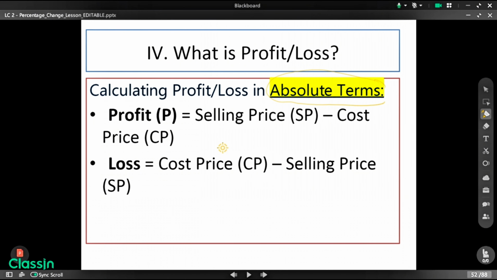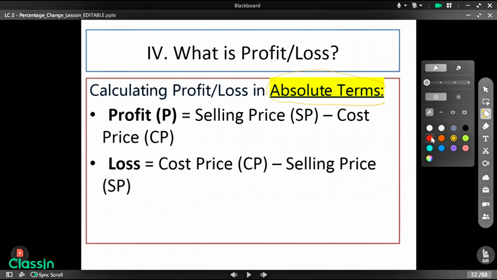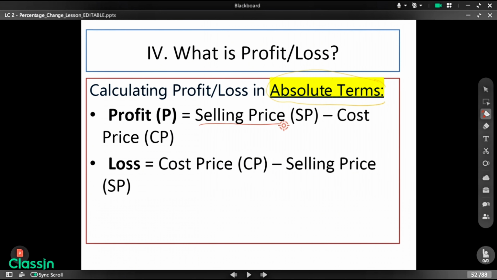The formula is selling price minus cost price in getting a profit, while for the loss, it is cost price minus selling price. Again, selling price minus cost price, and then cost price minus selling price.